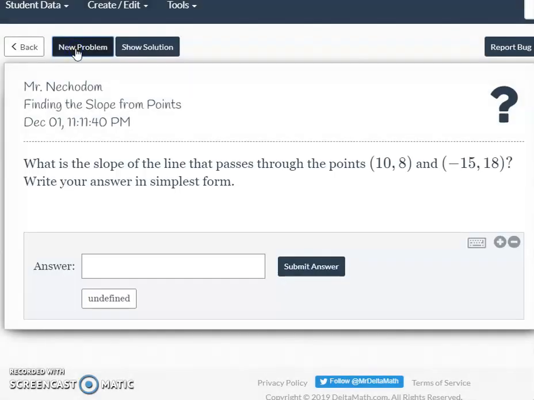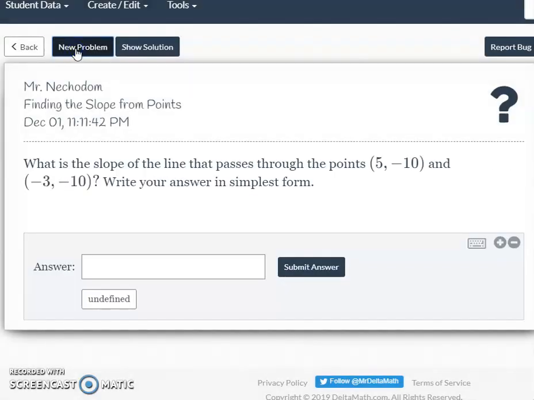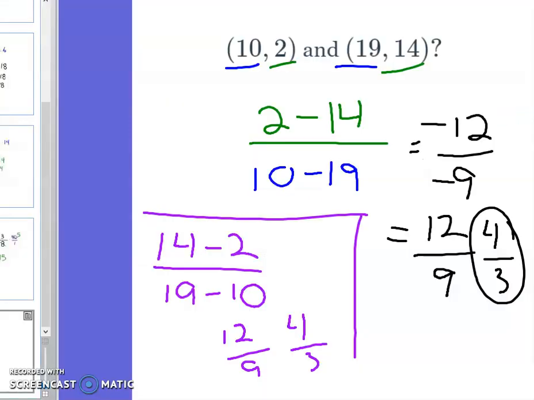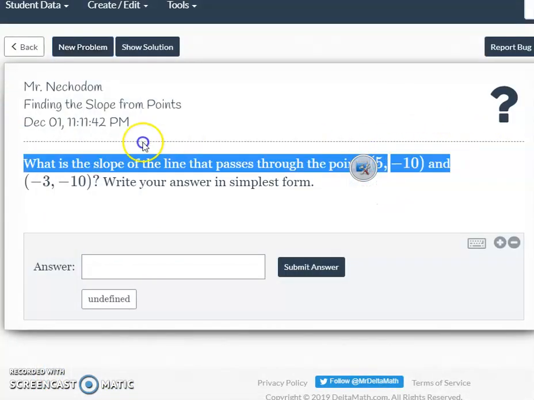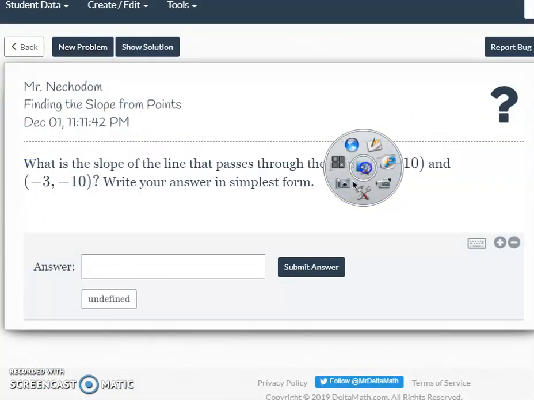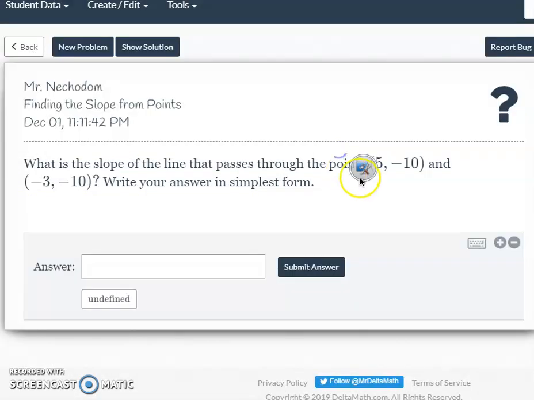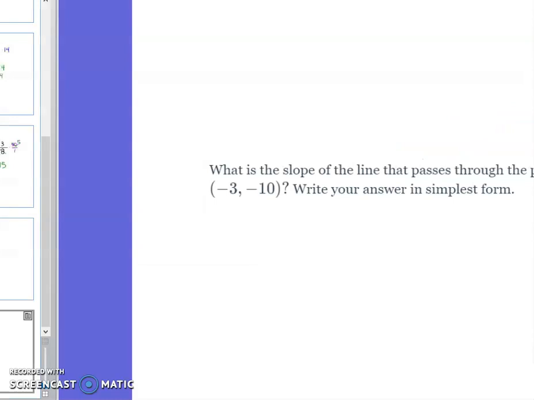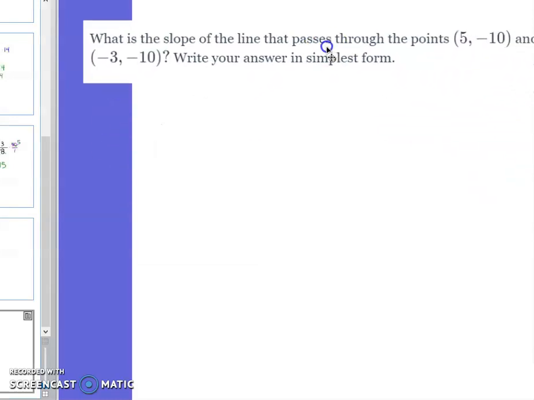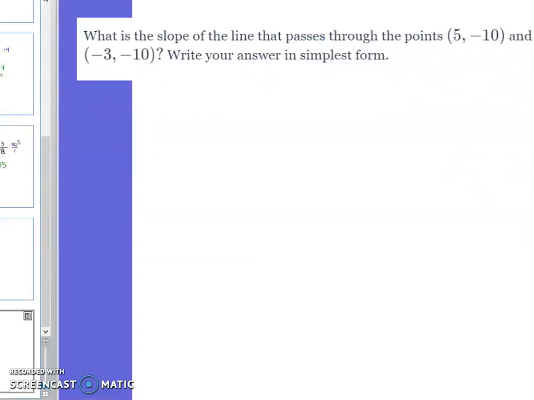So I want to show you one where it's going to mess things up a little bit here. Here's a good one. Make a copy of that just so we can mess with it. Okay. Now, here are your y's, so negative 10 minus negative 10.